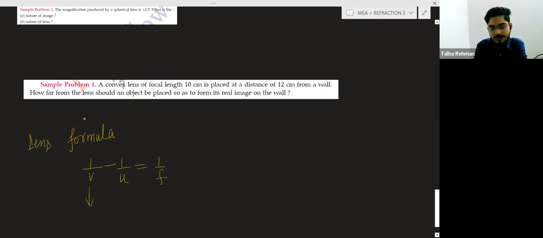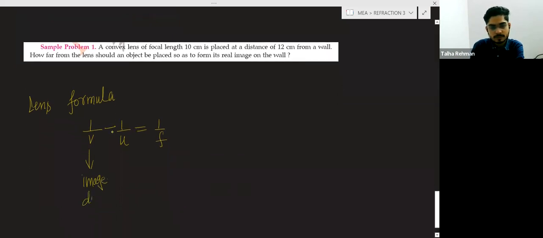This V is the distance of the image, where the image is forming, measured from the optical center. This is the image distance. U represents the object distance, how far you have placed your object in front of the lens. Small f represents the focal length of the lens.